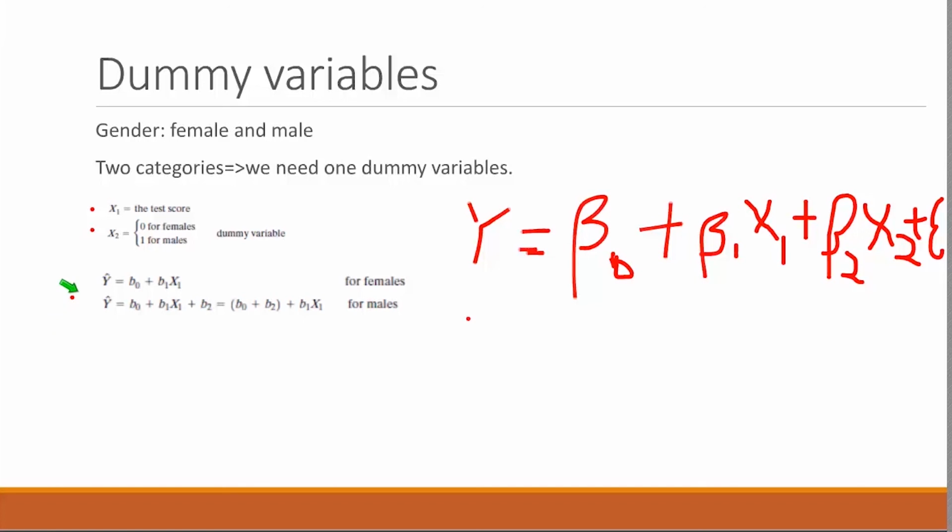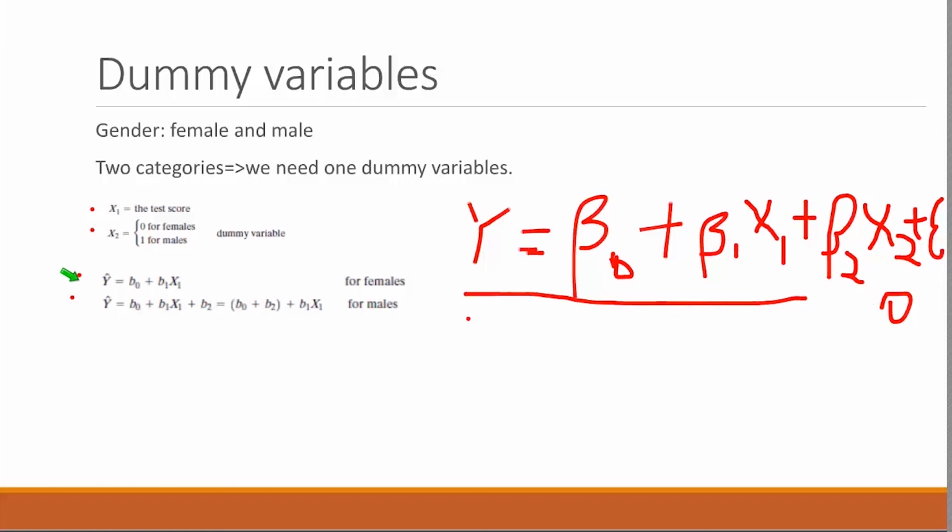So if you compare these two, at the beginning, everything is the same. Y is equal to beta 0 plus beta 1 x1. Then, since x2 takes a value of 0 for female, 0 times beta 2 means it's 0, it's gone in the model. Therefore, for the female, the model becomes y hat equal to b0 plus b1 x1.